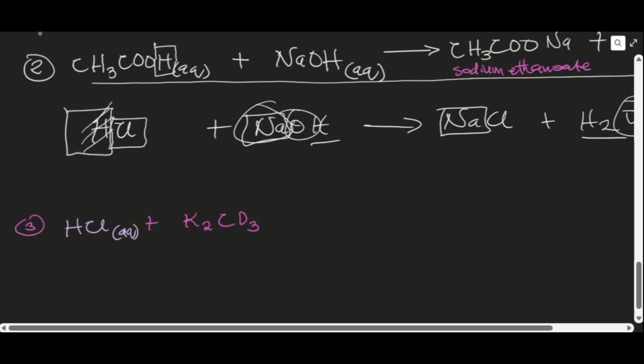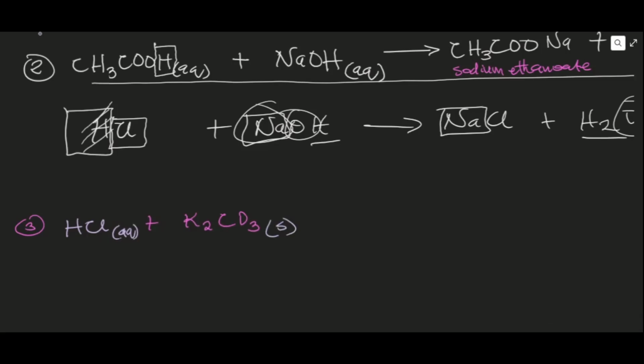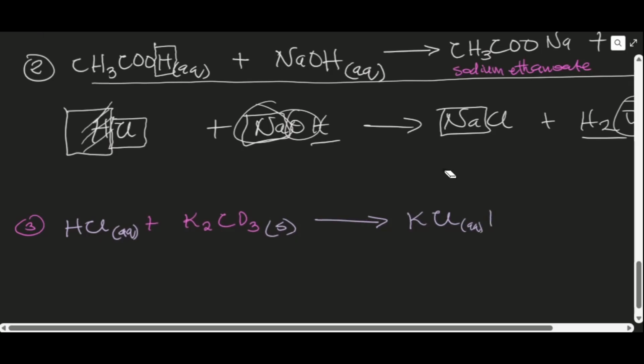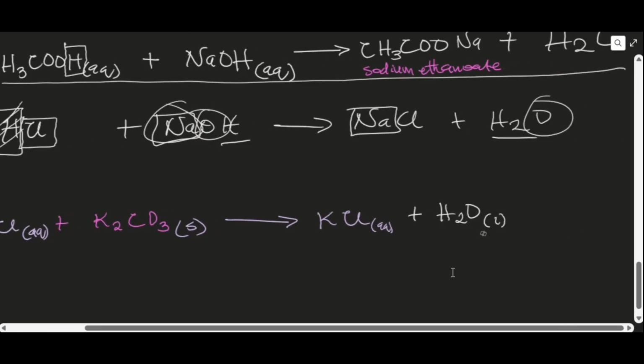Our potassium carbonate is solid, and when they react together, they will give us potassium chloride, KCl, which is aqueous, and then we have water as the next product, plus H2O. Water is liquid. And then the third product, because we're dealing with carbonate here, is going to be carbon dioxide, CO2, which is a gas.